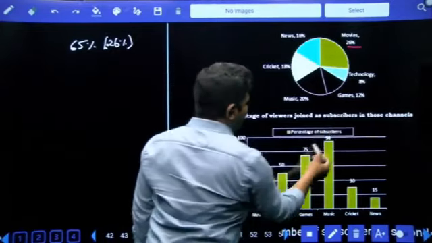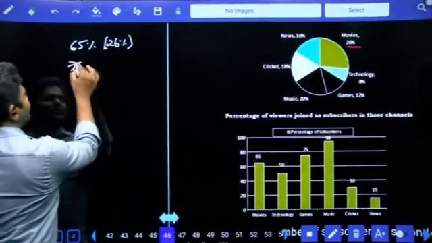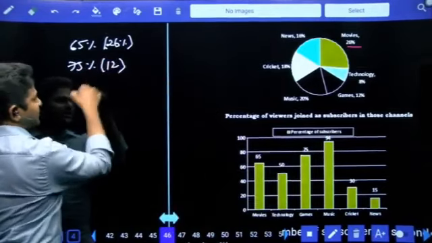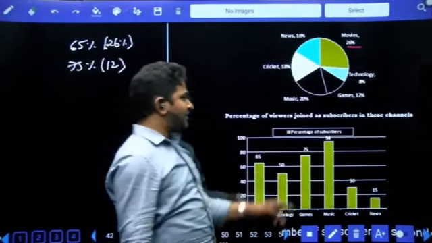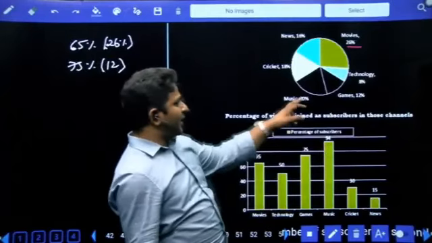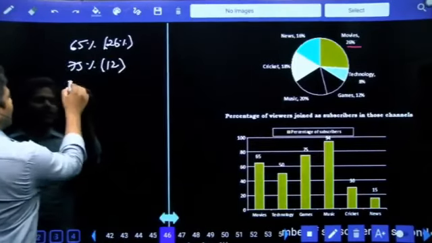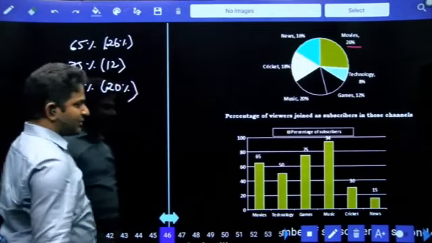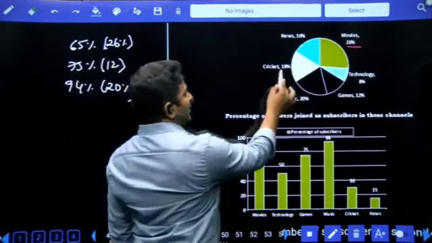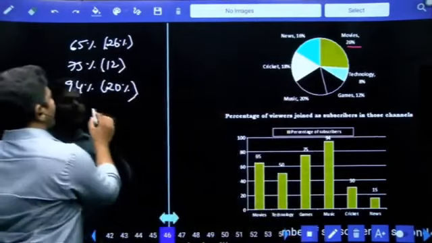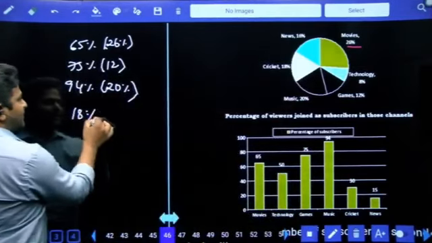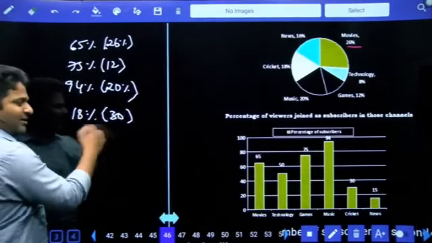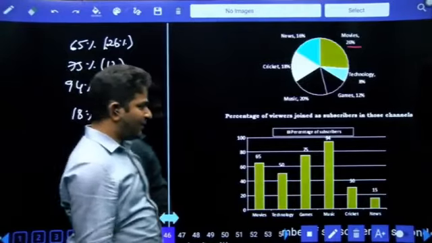Games, 12% of 75. Out of 75, it is 12%. Next, music, 94, and then we have 20%. Next, cricket, 18% of 30. I may write in a mismatched order, but still.